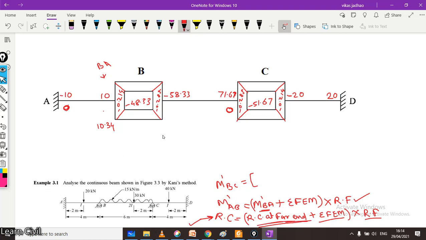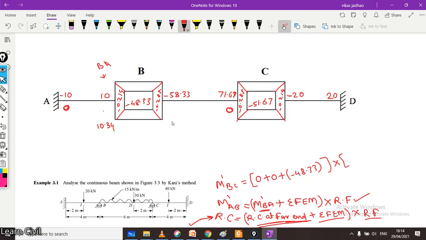You can see the rotation contribution at far end here is 0, plus rotation contribution at AB, which is 0 again, plus fixed end moment at joint B, minus 48.33, close the bracket, multiply this with the rotation factor.